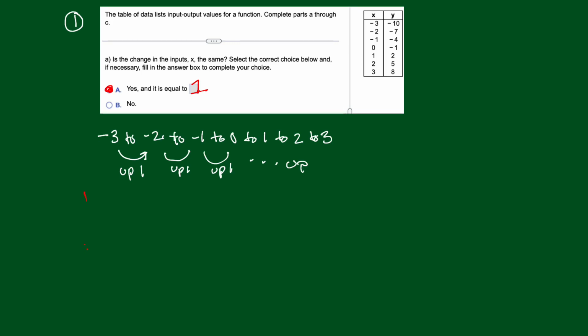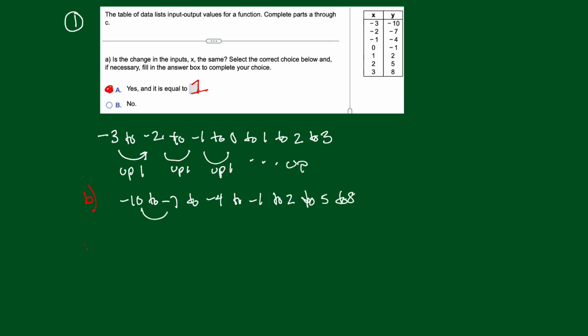Now B, part B asks us, what about the changes in the outputs? All right, so look at the outputs. Here's the outputs. We're going from -10 to -7 to -4 to -1 to 2 to 5 to 8.